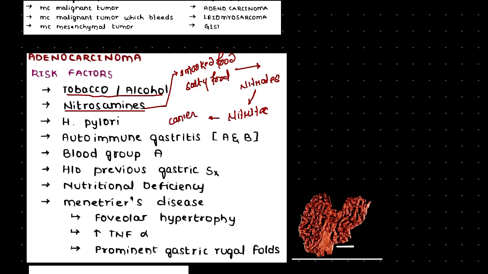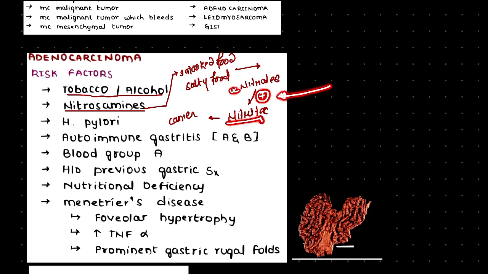I would like to mention another thing here: any substance that enhances the conversion of nitrate into nitrites is also a risk factor for adenocarcinoma. Food not preserved in a refrigerator can be partially decayed, and then bacteria or microorganisms can convert nitrates into nitrites.